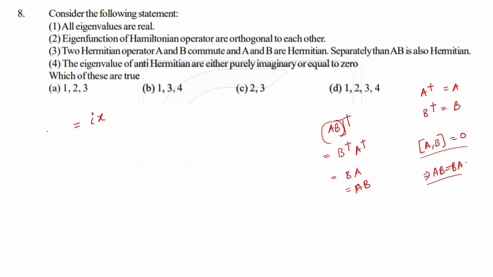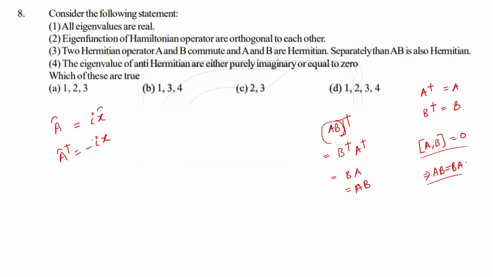Suppose we have an operator A, which is ix. Then it is anti-Hermitian because A dagger is going to give you minus ix, right? Because it is i dagger, x dagger. I is a constant, so I can take it outside. I dagger is minus i, and x is x.